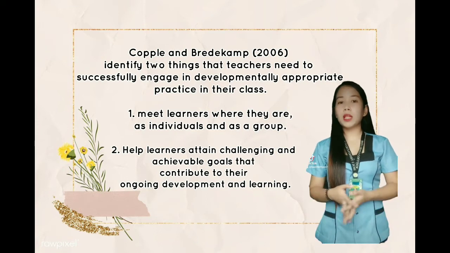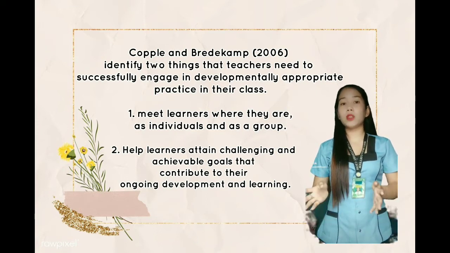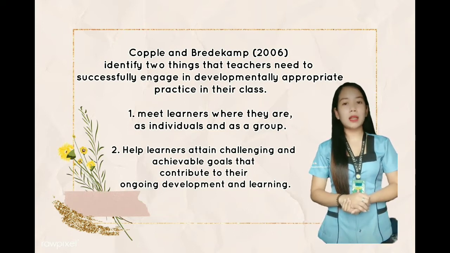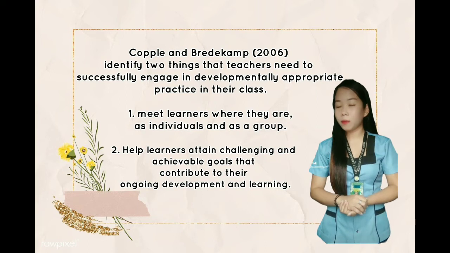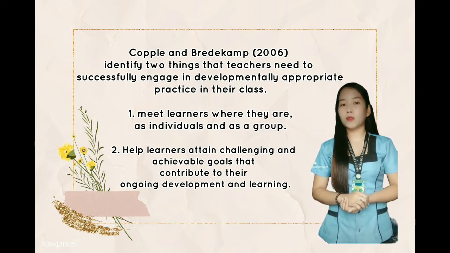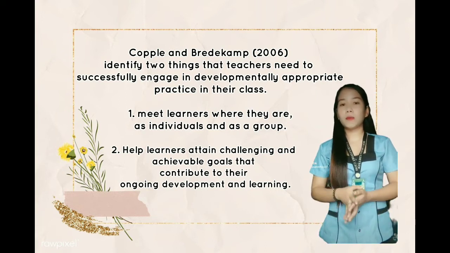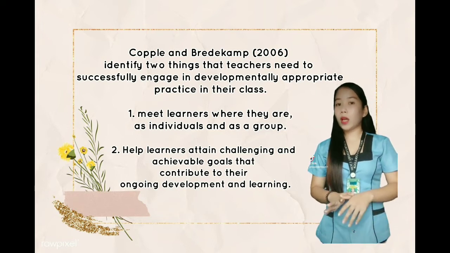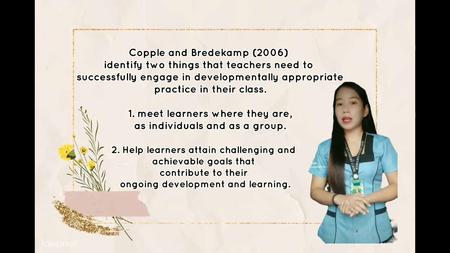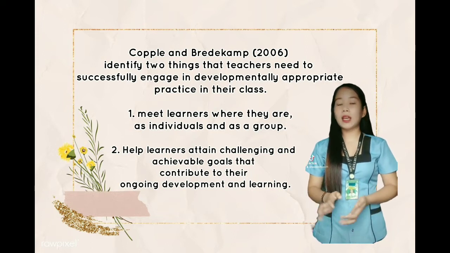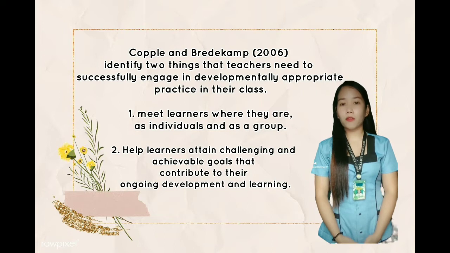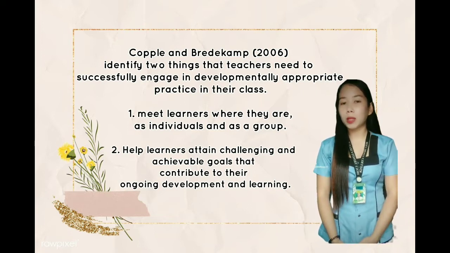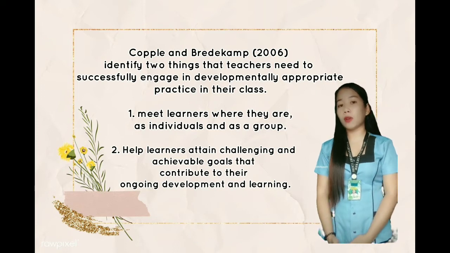Developmentally appropriate practice requires both meeting children where they are, which means that teachers must get to know them well, and enabling them to reach goals that are both challenging and achievable. By knowing your learners well, you can deliver exactly what they need by having a deeper understanding of them. You can approach them like a friend and guide them like a mentor to make them change their behavior and attitudes.